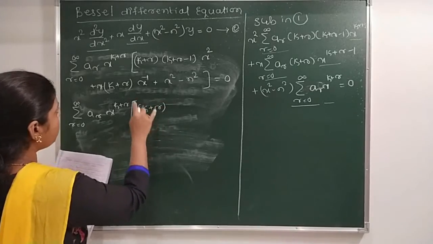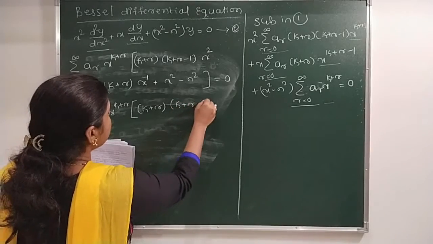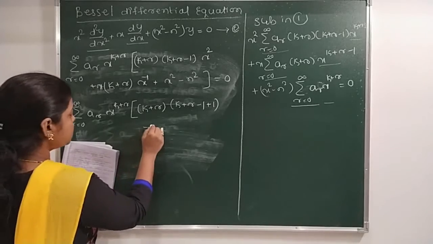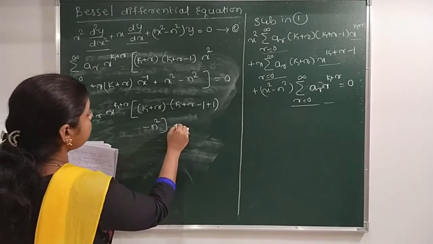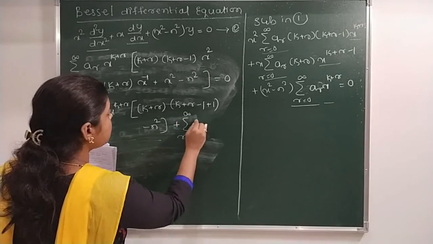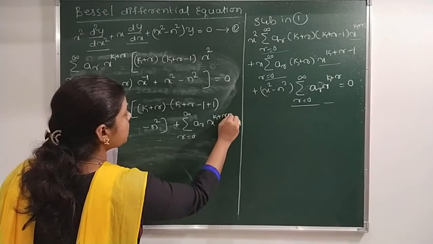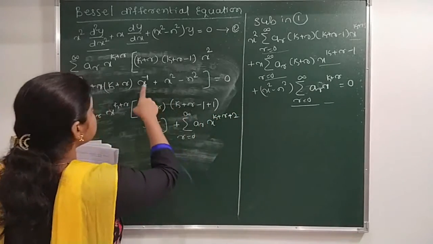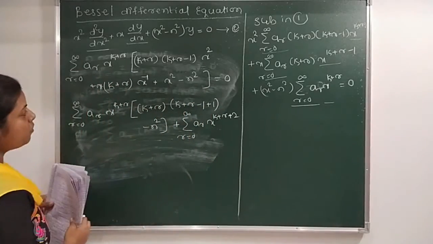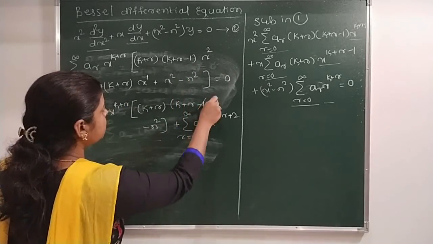We are taking common from both the terms, and here it becomes k plus r minus 1, and this one term becomes plus and minus n square, plus summation, this term we have to write as it is, for ar x raised to k plus r plus 2. This x square term is multiplied with this, you have to keep as it is. For that, here we are taking 1 plus 1 common, here 1 gets cancelled.